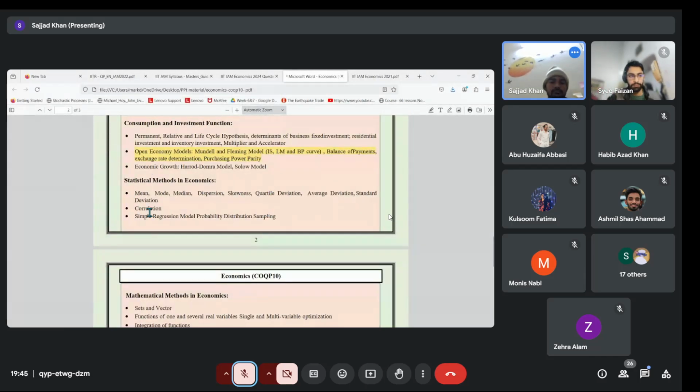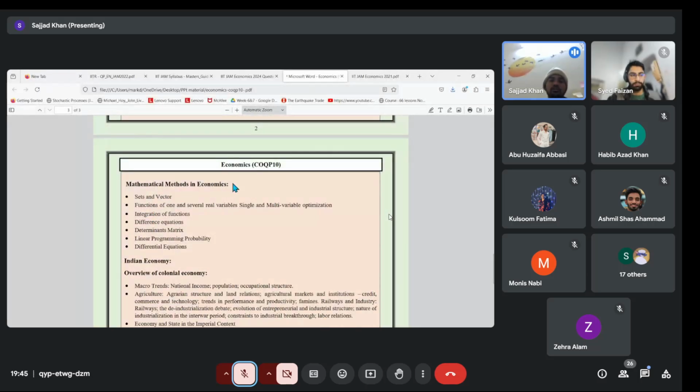For mathematical methods in economics, if you are comfortable with the sums, that will be enough. If you want to get a good catch, then you can jump to AC Chiang, because very basic mathematics is asked in the IIT-JAM syllabus. The mathematics syllabus is actually very large, but only basic things are asked.